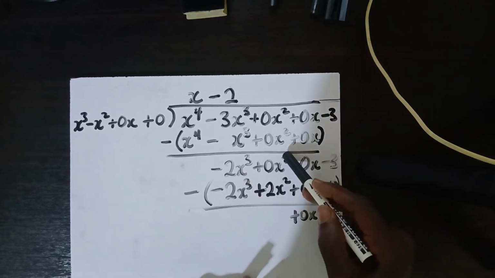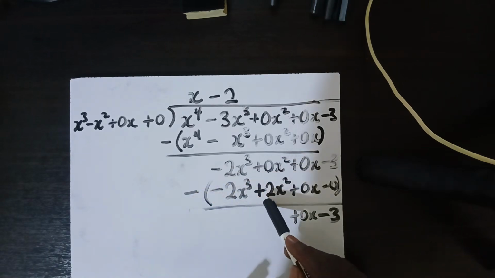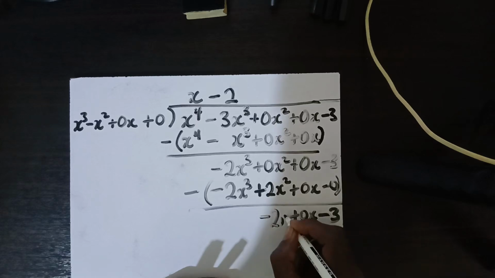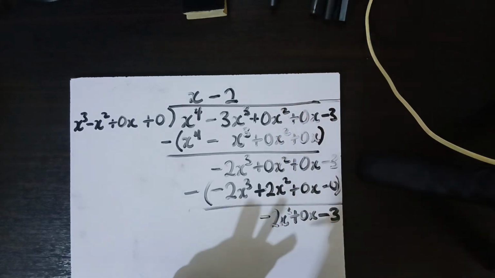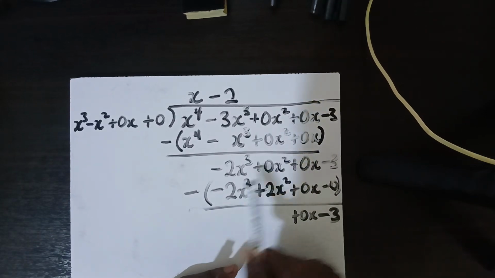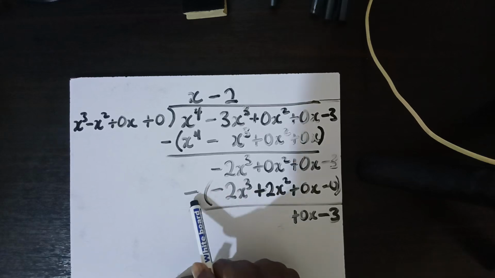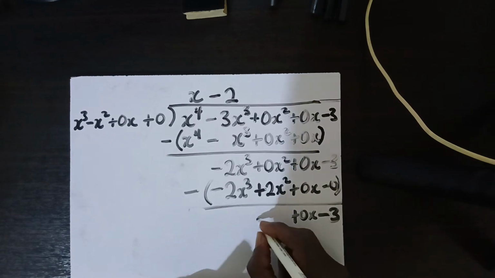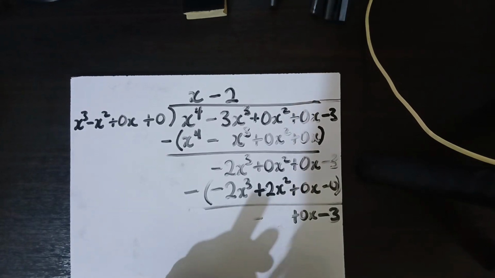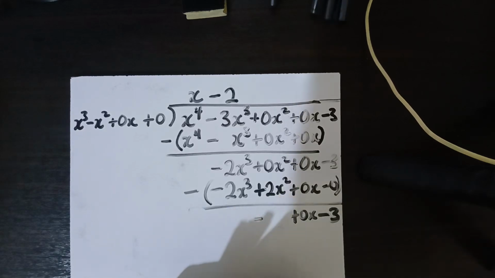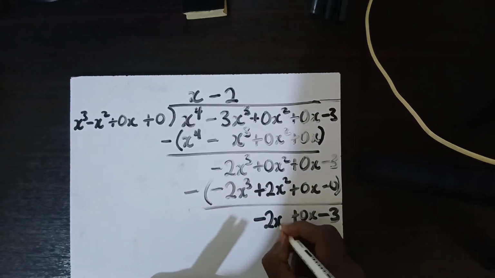And then 0x squared minus 2x squared is going to give us negative 2x squared. Let me write it well. 0x squared minus positive 2x squared: negative times positive is negative. So that is why we are getting the negative 2x squared.